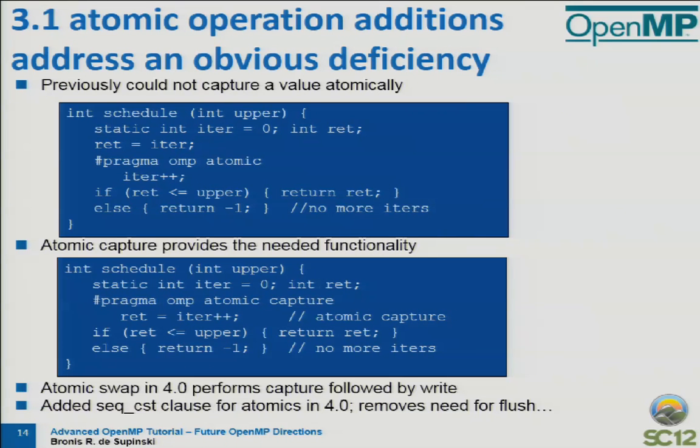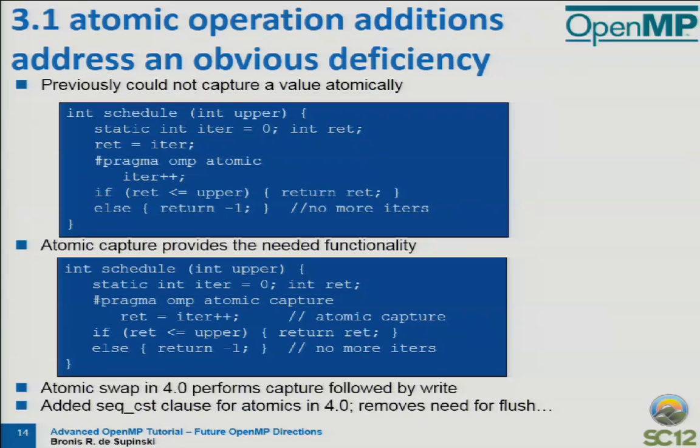What else? In OpenMP 3.1, we introduced new atomic operations like atomic read and write. We now allow to atomically capture a value. And this is needed when you implement kind of a scheduling algorithm where you need to switch to the next element, but at the same time you need to know which element you need to process.